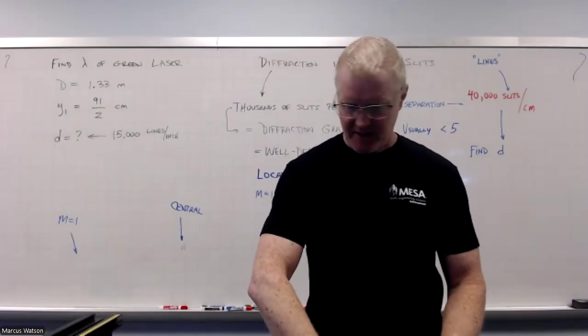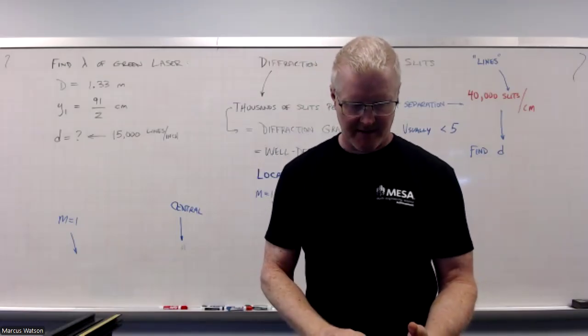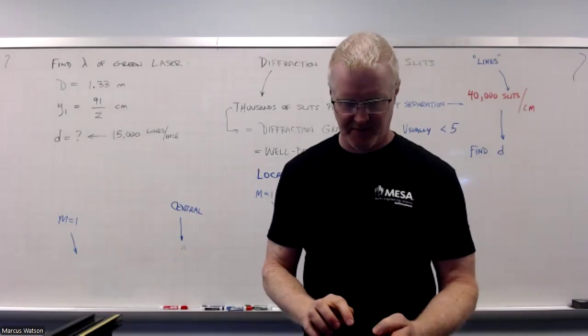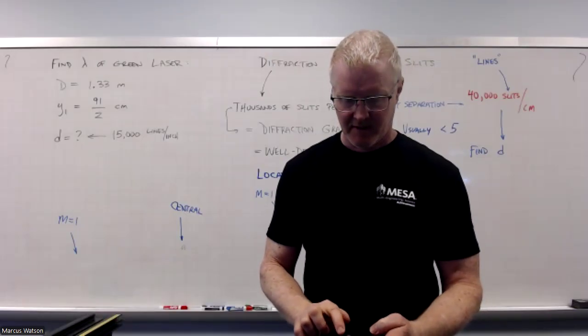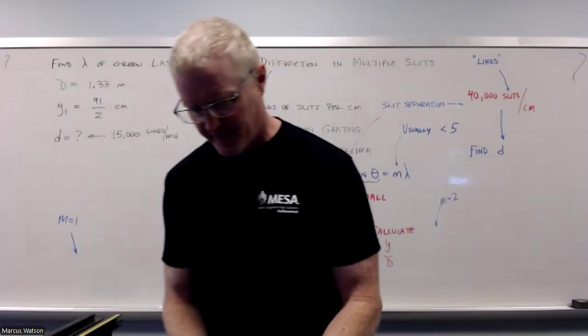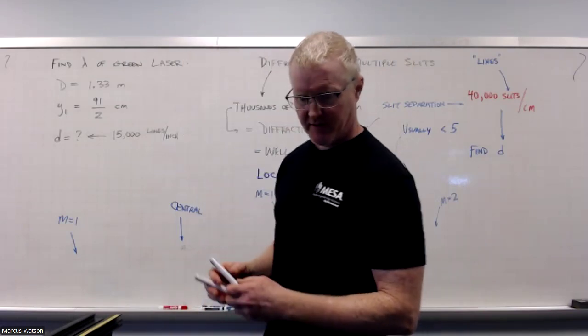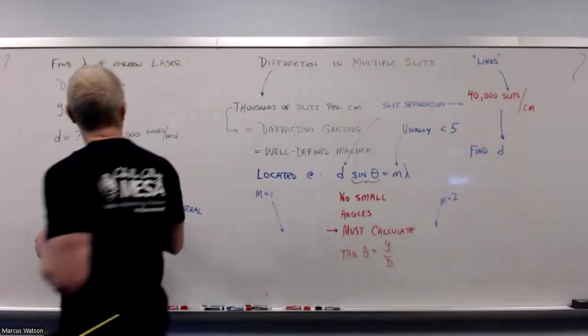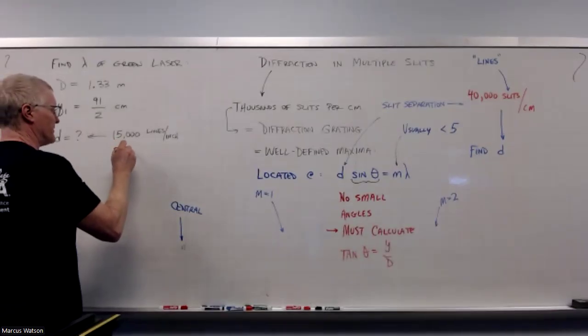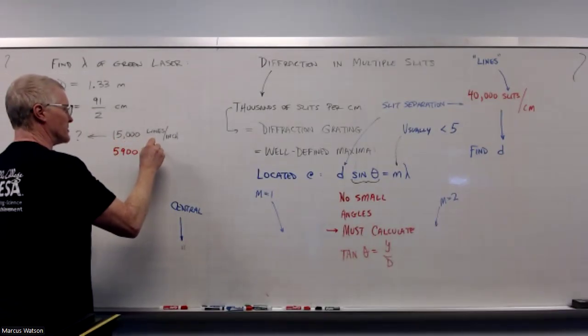Okay, so if we do that, let me just grab this. So this is 15,000 divided by 2.54 centimeters. So that's 5,905. I'm just going to say it's 5,900 lines per centimeter.